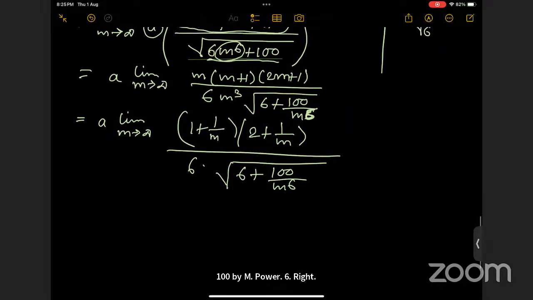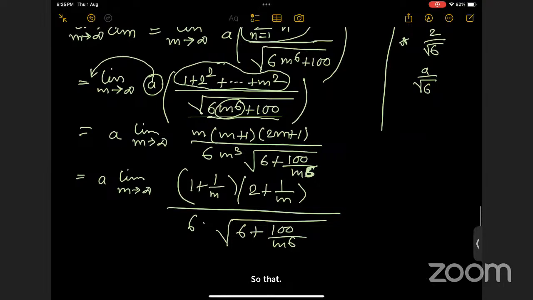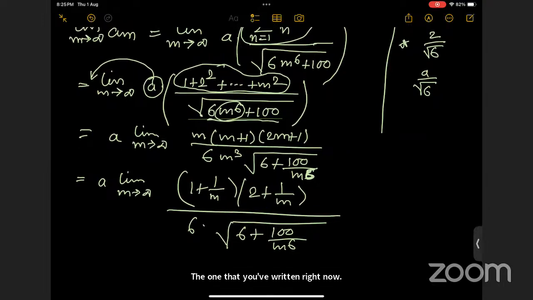Any problem with this step? Ma'am, can you please explain this step, the last step? We're taking m cube from this factor, and then we are canceling this and this term out.